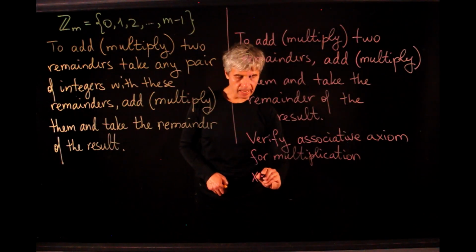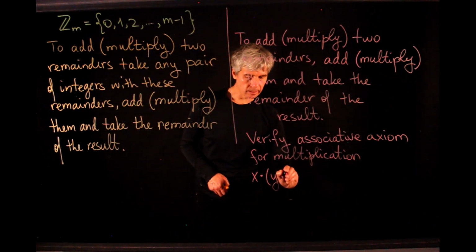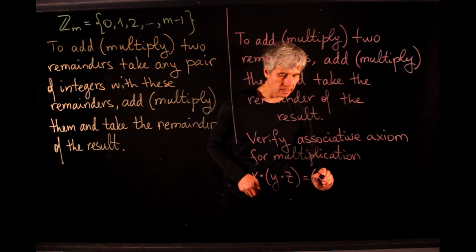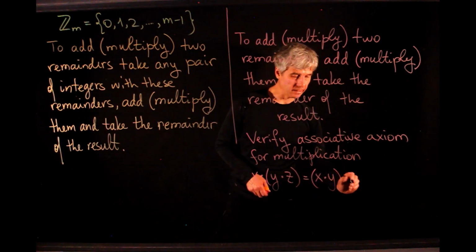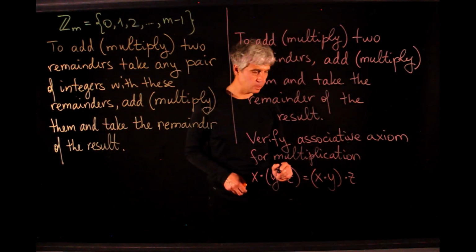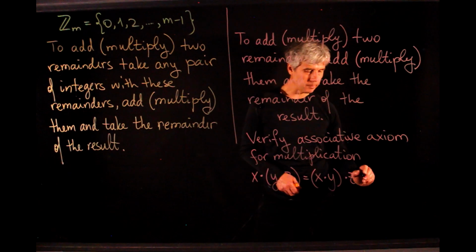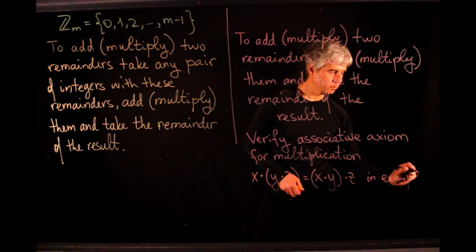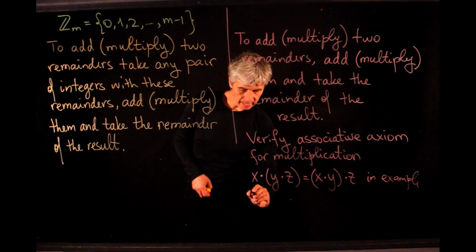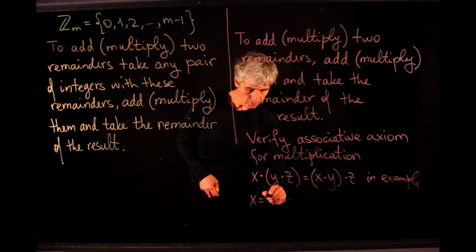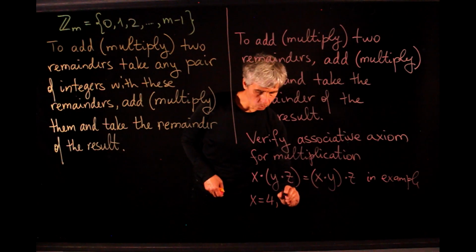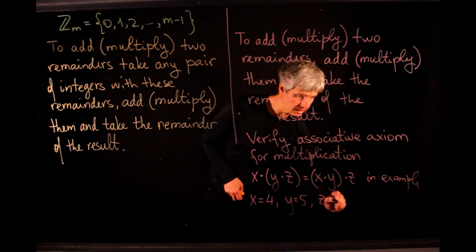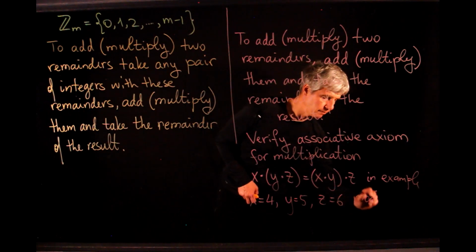It's x times y times z is equal to x times y times z. And let's do it with the following example, where we take x to be 4, y to be 5, and z to be 6, all mod 7.